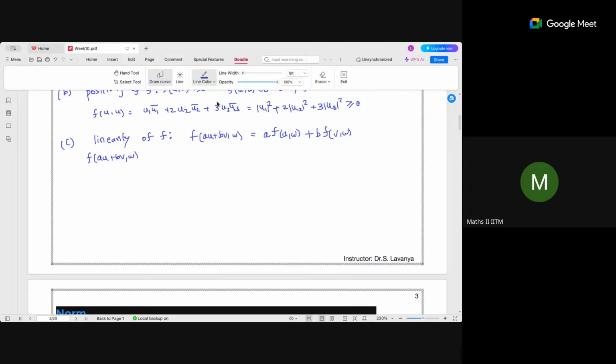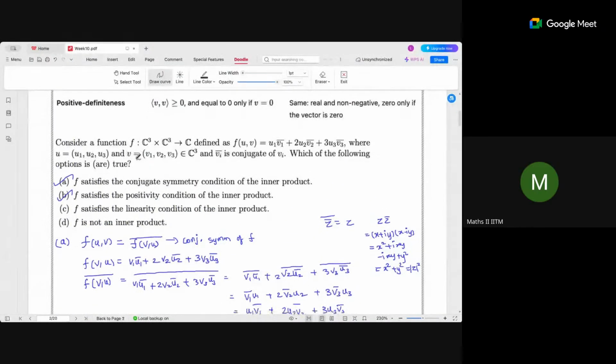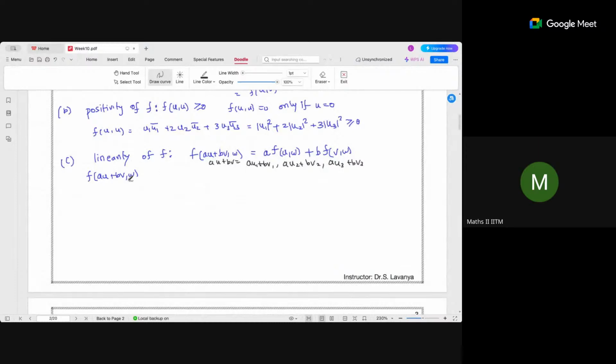Note that AU plus BV is nothing but AU1 plus BV1, AU2 plus BV2, and AU3 plus BV3. So this is first of all AU plus BV. Now we will apply this formula.